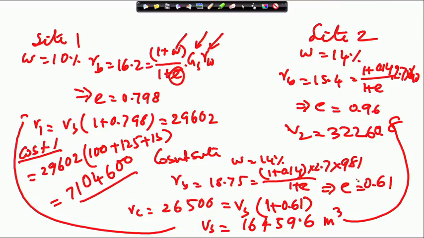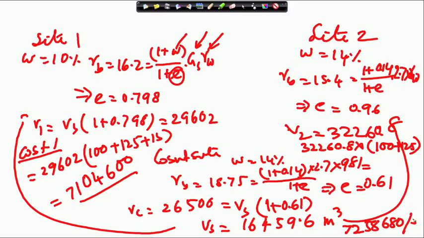Similarly, if I take the other site, the volume is 32260.8, multiplied by 100 plus 125, which gives you 7258680. So this is site 1 and this is site 2.